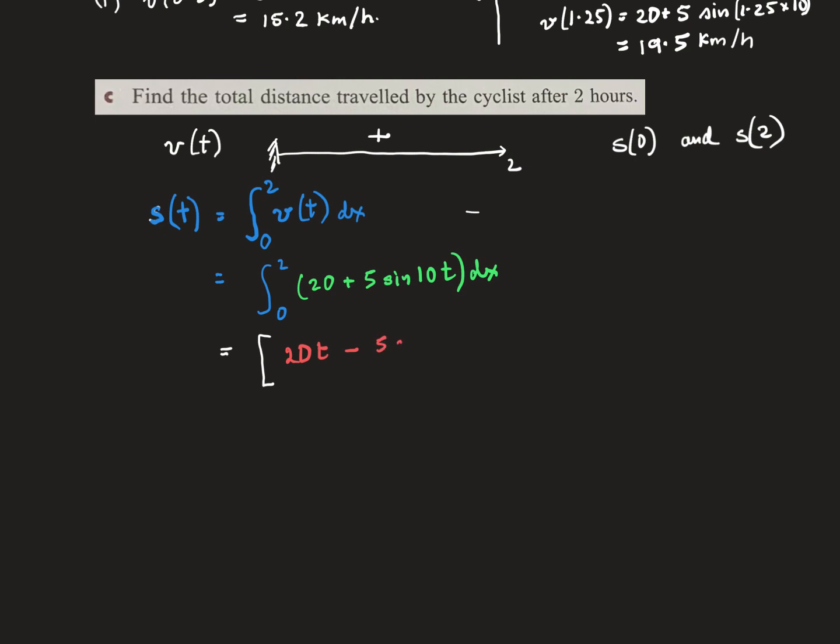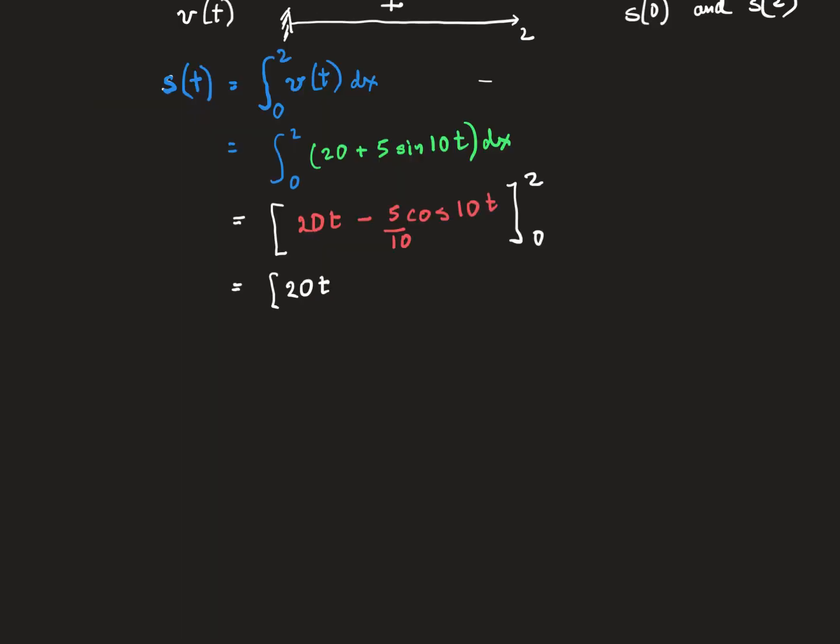So it's minus 5 cos 10t over 10. And we do it from 0 to 2. It's just 20t minus 1/2 cos 10t from 0 to 2.